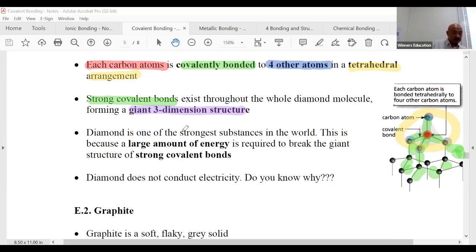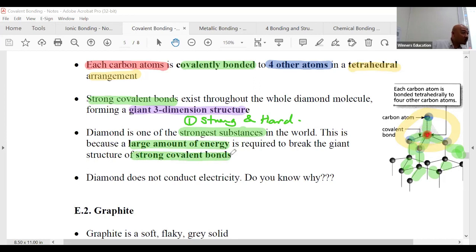Why? This is your first question. Diamonds are very strong and hard. It's the strongest, in fact. Stronger than your metal, than your steel. Why? Because, again, keywords pairing: a large amount of energy is required to break the strong covalent bonds.